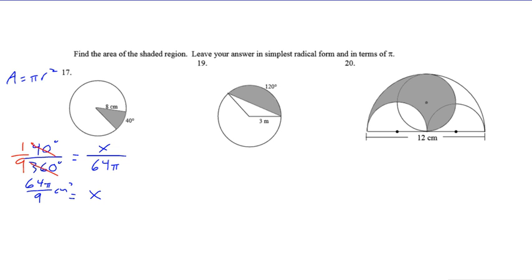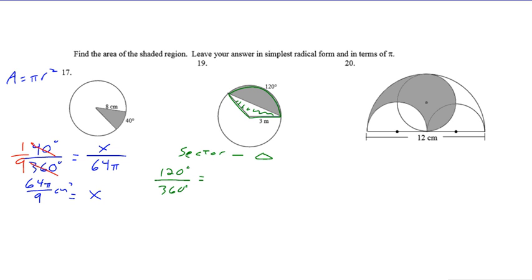For number 9, what we really have is this full pie slice with the triangle cut out of it. So that's how we're going to solve this problem. We're going to find the sector. We're going to subtract the triangle. The sector piece of this, we know this is a 120-degree sector out of the full 360.